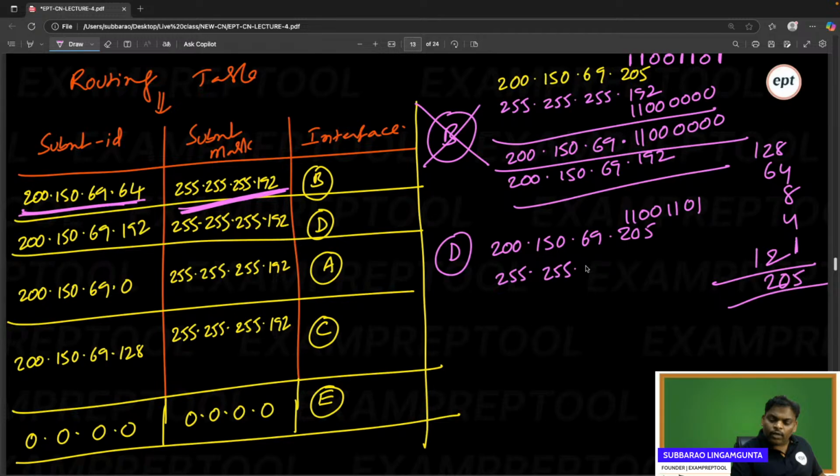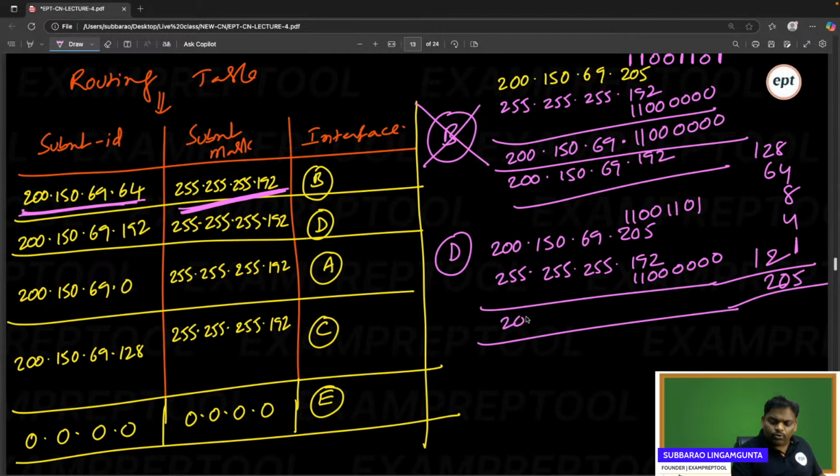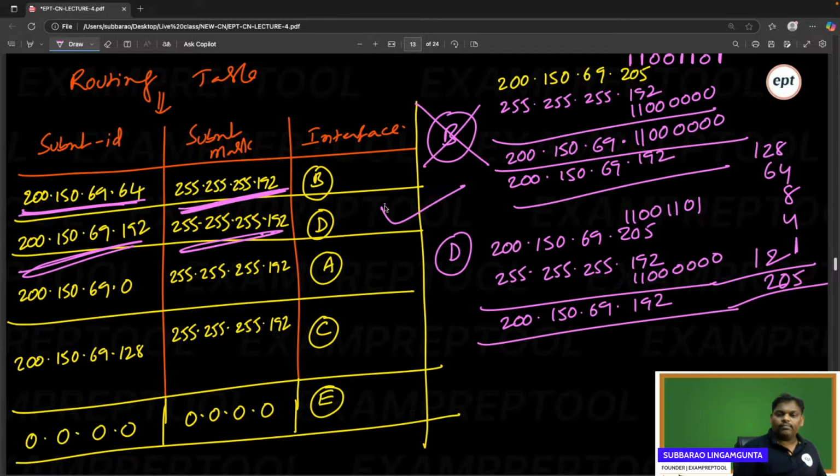So 192 means 1100, 0000. If you do end operation, whatever you got above, same will get. 200, 150, 69, 192 you will get. Do end operation properly. So that 192 is matching or not. Whatever you did end operation, subnet ID you will get. Is it matching? Yes. If matching, so D will be selected.